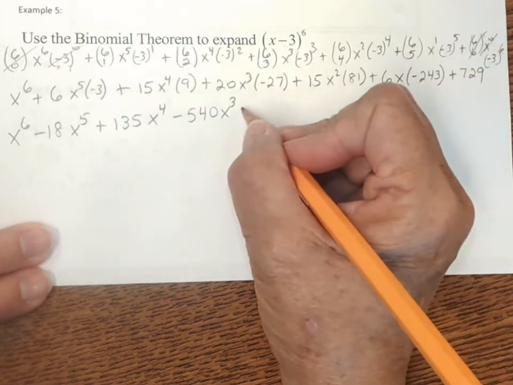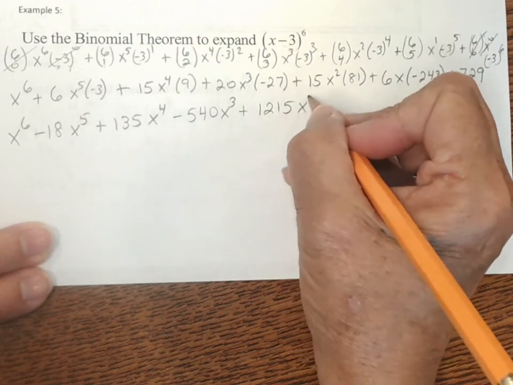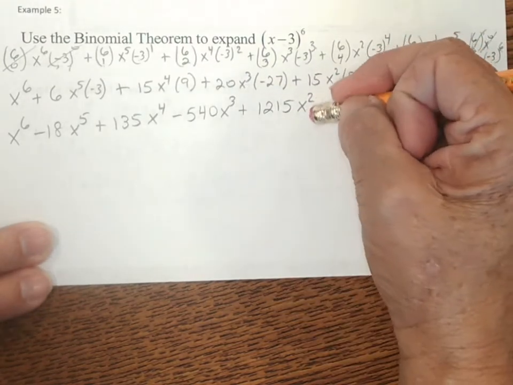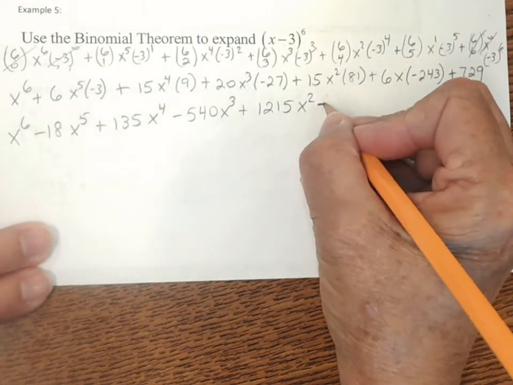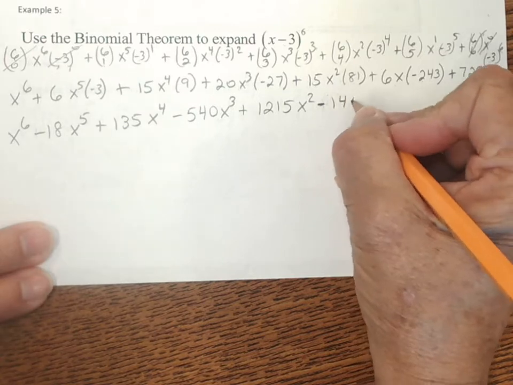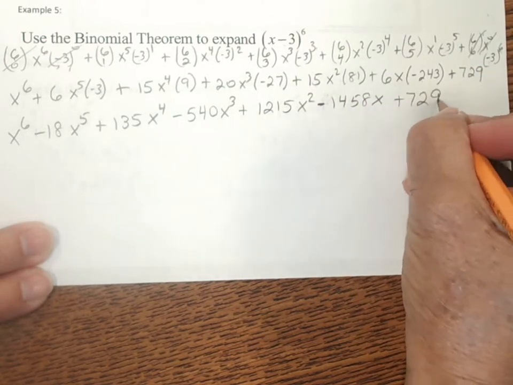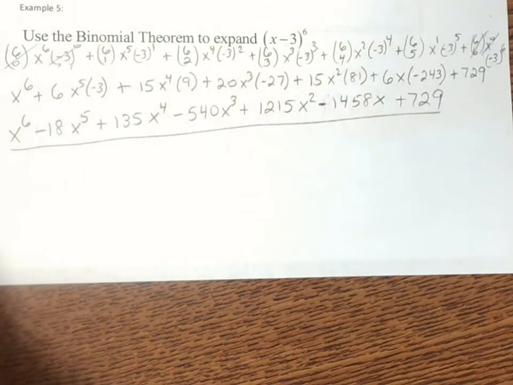Plus 15 times 81 is 1,215, x squared. Plus, not plus, minus, negative 243 times 6 is negative 1,458, x plus 729. That is that binomial expanded now.